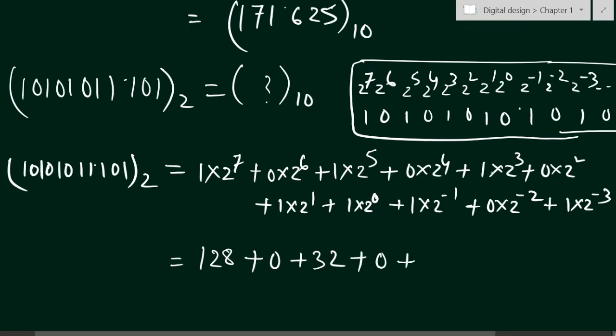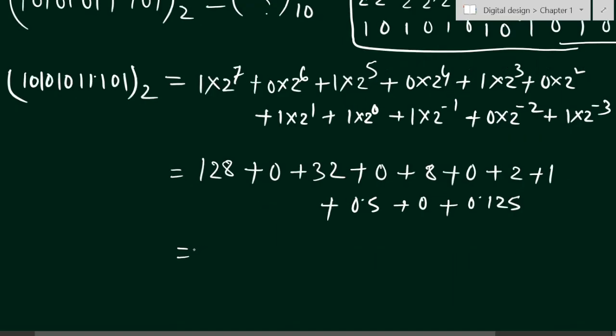Then we have 1 into 2 cube, which is 8, plus 0 again, plus 2, plus 1. And plus 1 into 2 to the power minus 1, so 1 by 2, which means 0.5, plus 0 into anything is 0, plus 1 by 8, which is 0.125.